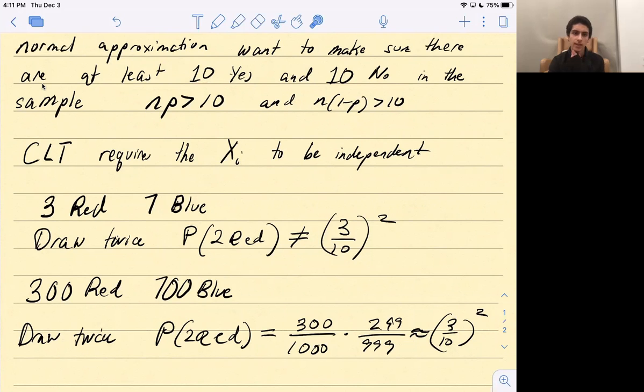Why is it 10? I kind of understand the idea, but that seems relatively arbitrary to me. Yeah, it is kind of arbitrary. I think 10 is chosen so that, let's see here. Yeah, 10 is arbitrary.